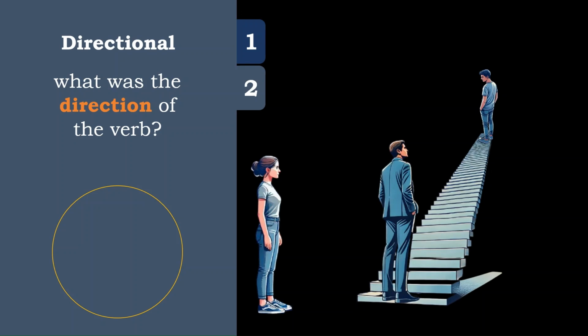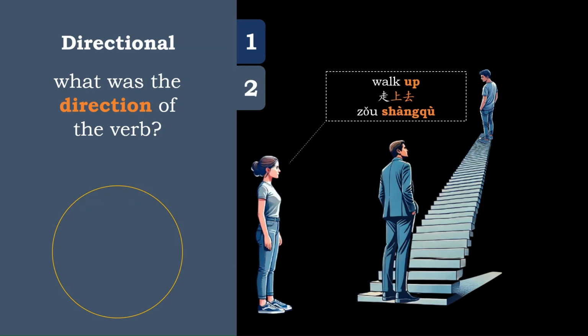So how would she say, go up? 上去. How would she say, walk up? 走上去. How would she say, walk up the stairs? Is it 走上去楼梯? No, 走上楼梯去.